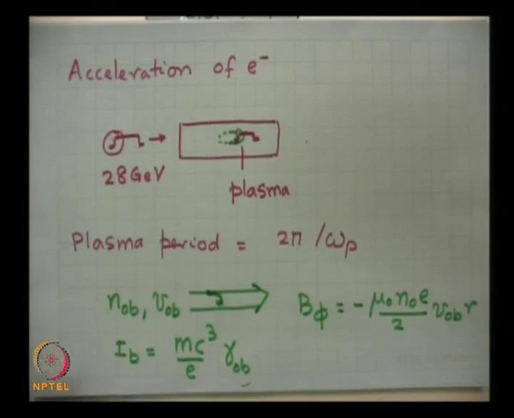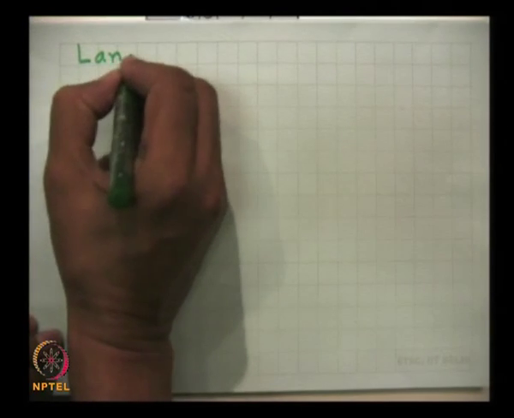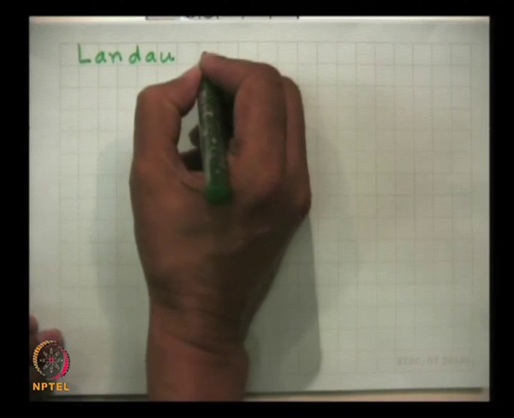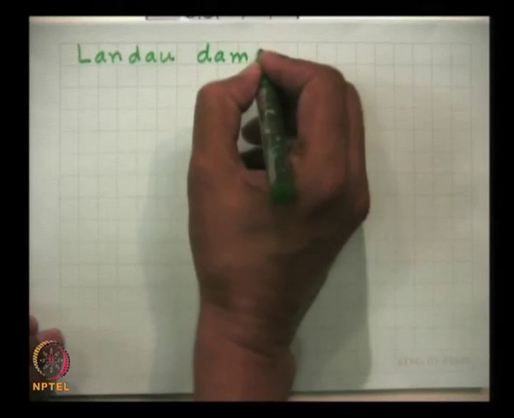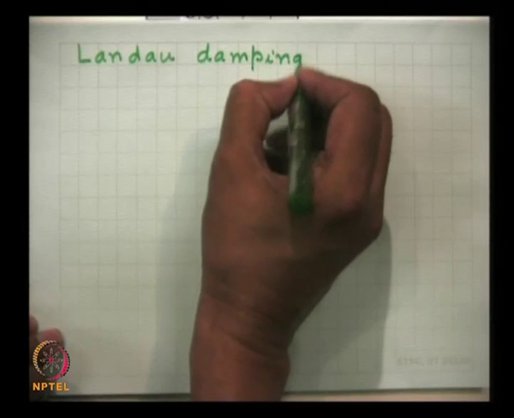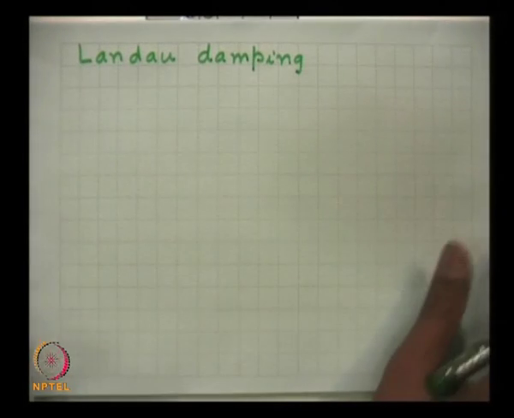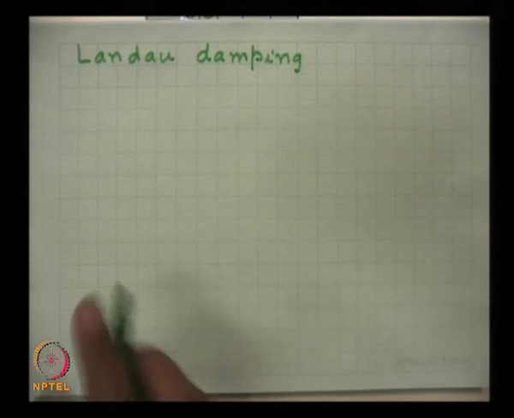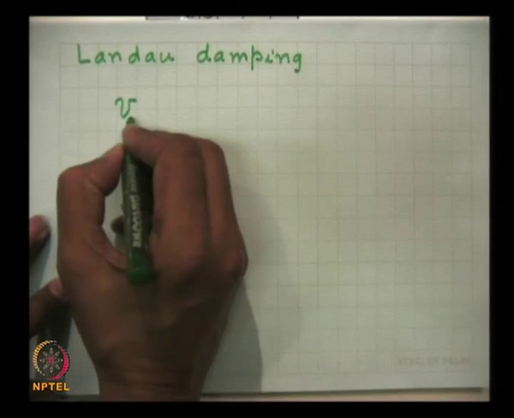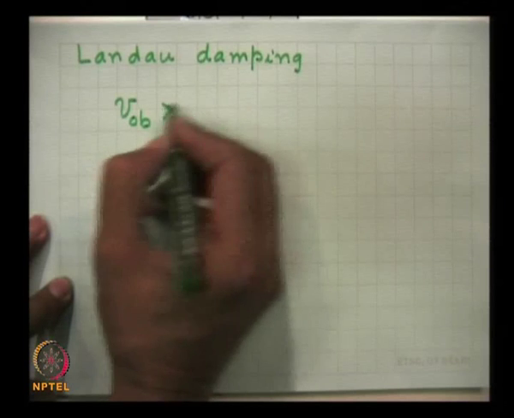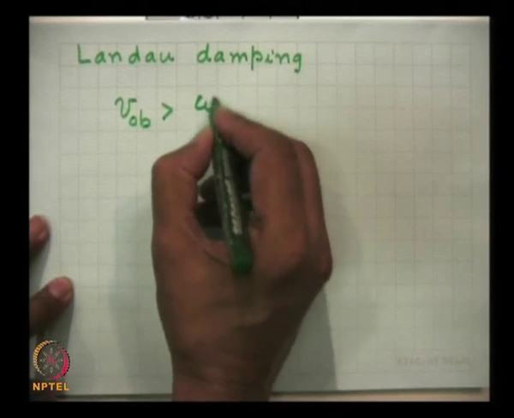And before I close, a classic application of beam plasma interaction is in the understanding of a phenomenon called Landau damping. Let me say a few words about Landau damping. We have learnt that a beam can give energy to the wave whenever the beam velocity is slightly greater than the phase velocity of the wave, omega by k.